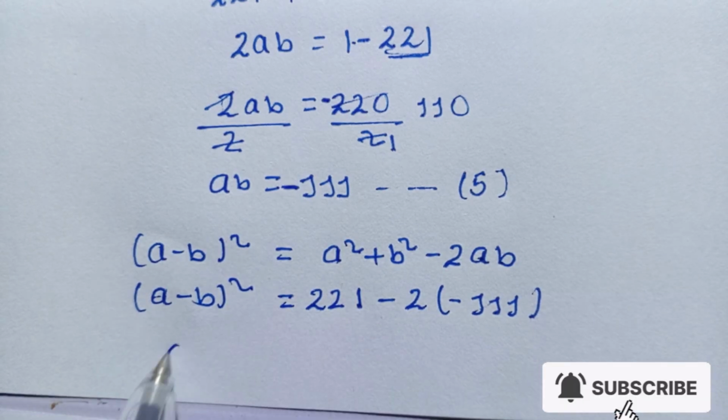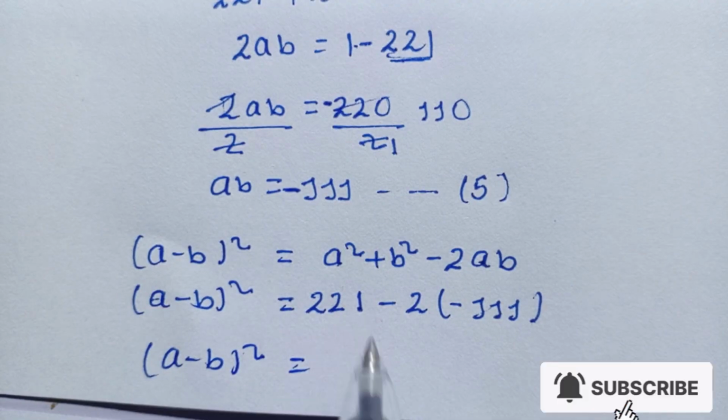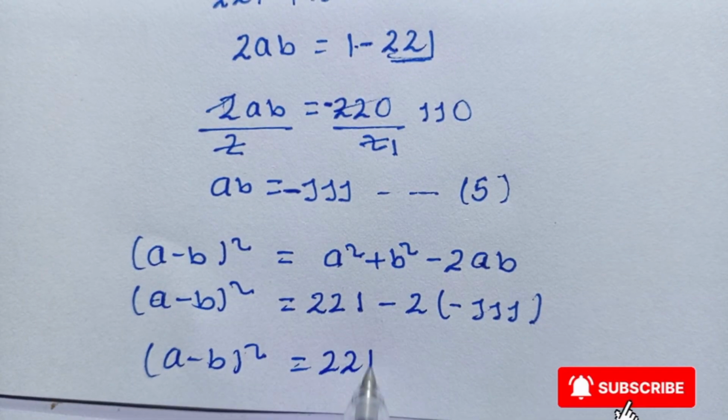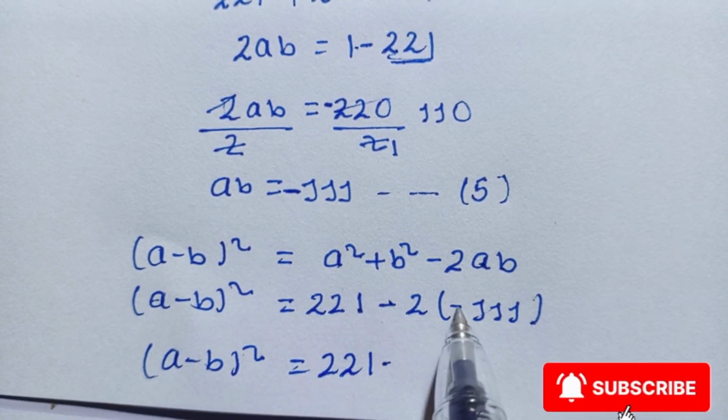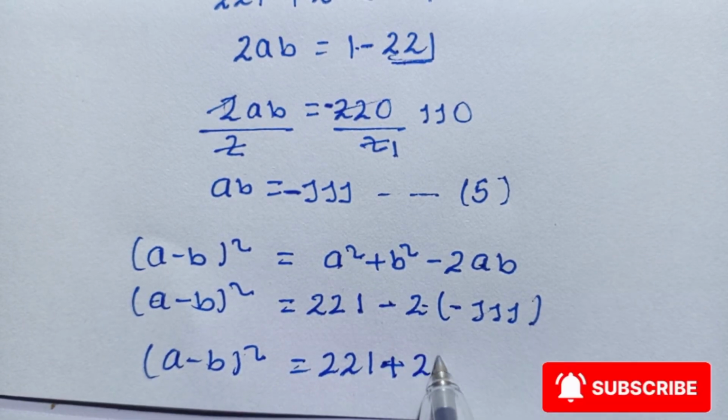So a minus b the whole square equal to 221 plus 220, which is 441.